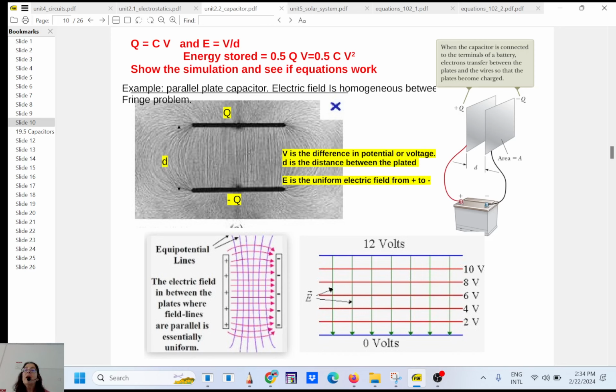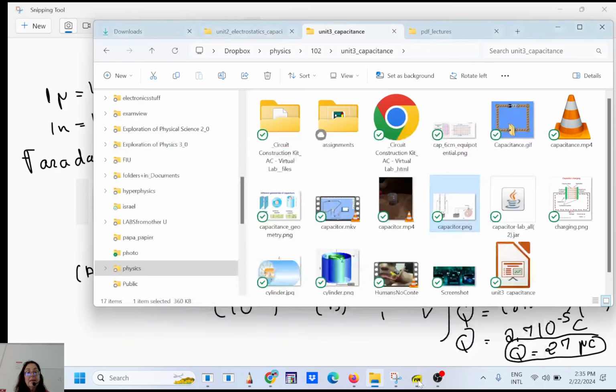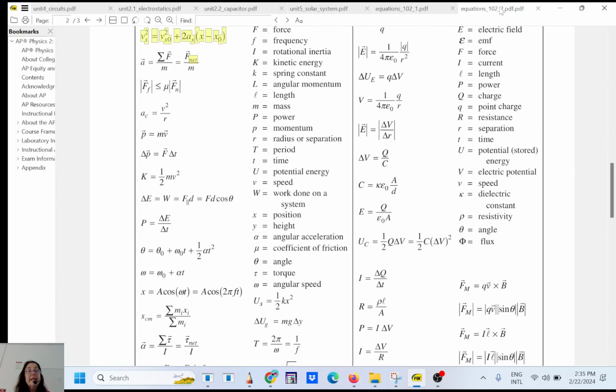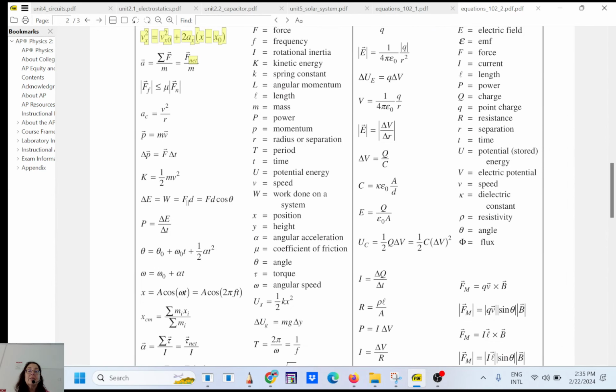The electric field in between is constant, equal to the voltage between the plates divided by the distance between them, very much like the slope.